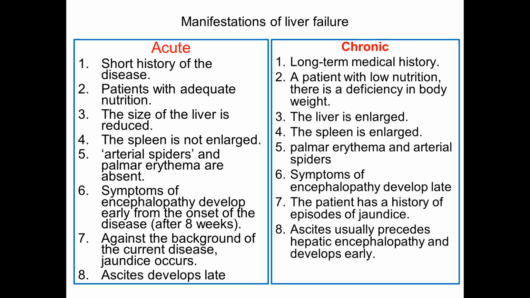The patient has a history of episodes of jaundice, and of course ascites usually precedes hepatic encephalopathy and develops early.